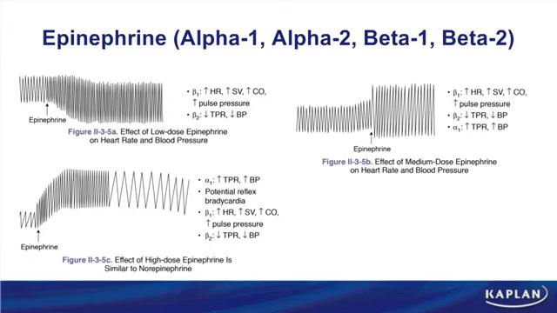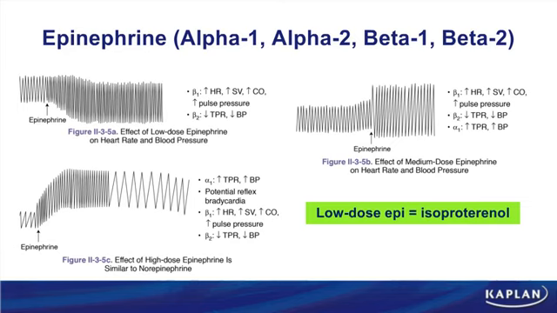Let's start at the top with low-dose epinephrine. Have you seen this type of profile before? If you look at the shape of this graph, it is identical to what we covered earlier for a beta-1, beta-2 agonist. It's identical to the actions of isoproterenol. So let's make that our summary.